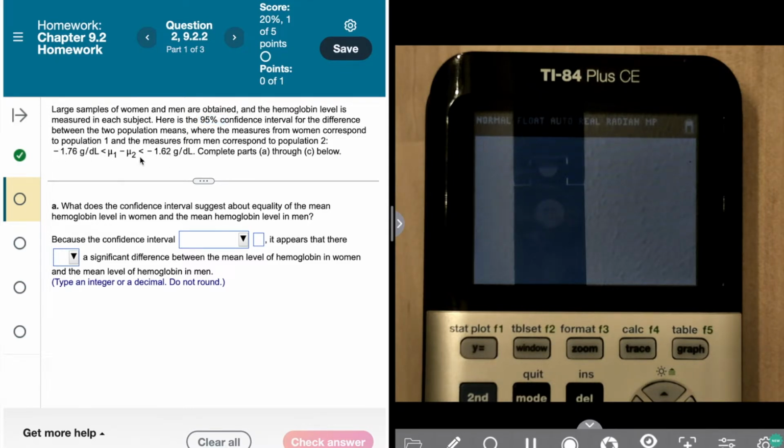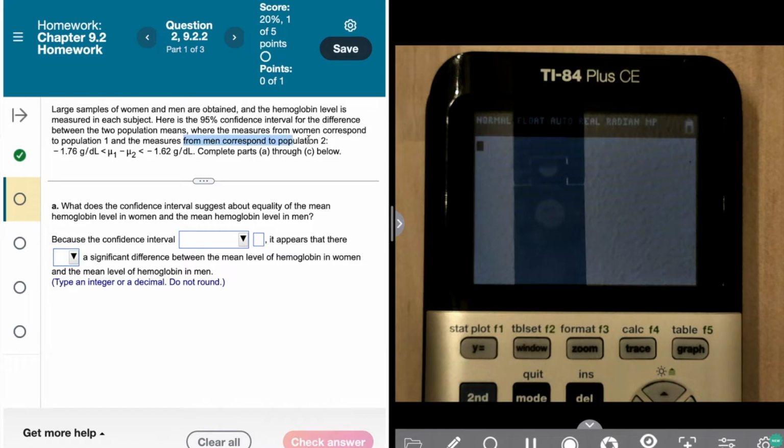Well, what does that mean? Well, if your subtraction results in a negative value, then the second value had to be bigger, all right? That's how you get negative values in subtraction, if the second value is larger. So that's what this confidence interval is saying. 95% confident that the second population, so women and men, which one came first?